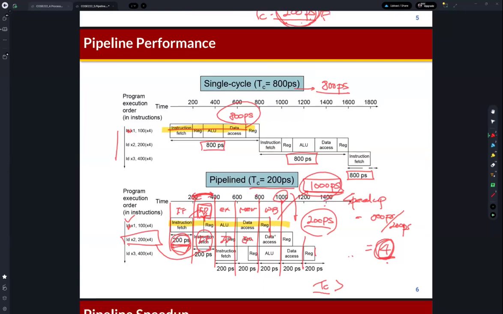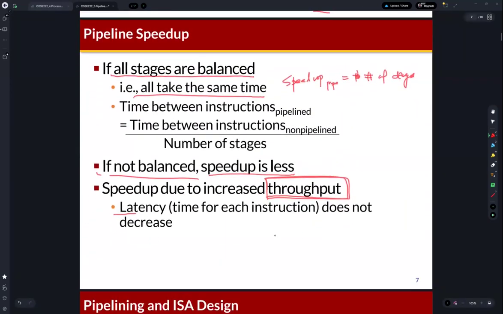If we just focus on the latency of a single instruction, with a pipelining architecture we cannot improve the latency. We cannot reduce the latency of a single instruction, but we can increase the throughput.